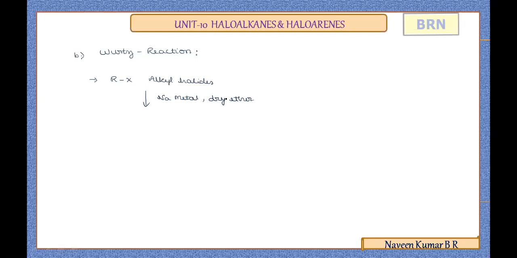In the previous case, that is with Grignard reagent preparation, we have also seen the same medium, dry ether medium. So with the treatment, what happens, sodium metal will remove the halogen. The sodium metal will accept the halogen present in the alkyl halide and will form sodium halide. And in the process, the alkyl groups get bonded to form an alkane.